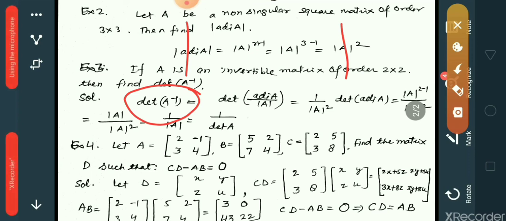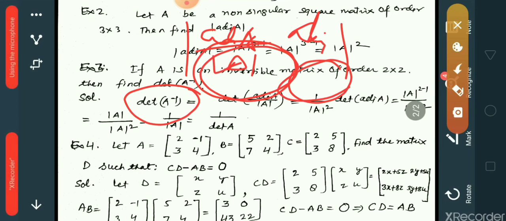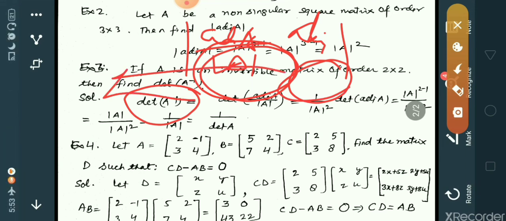This is a matrix of 2 cross 2, and it will contain adjoint of A in all the elements as a multiple. So we can take determinant of A as common. 1 upon determinant of A is common.